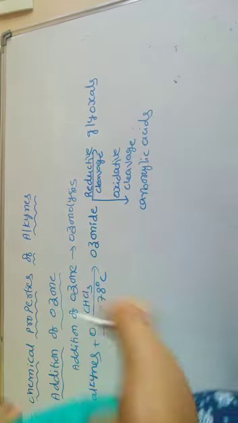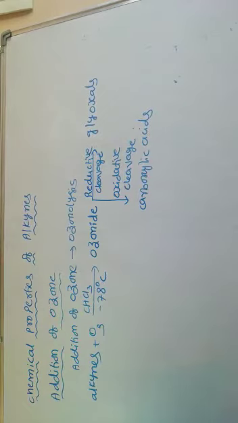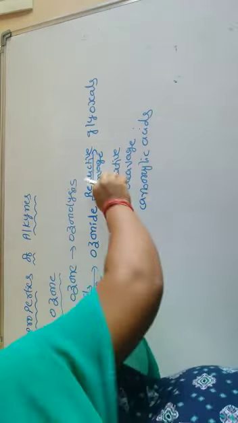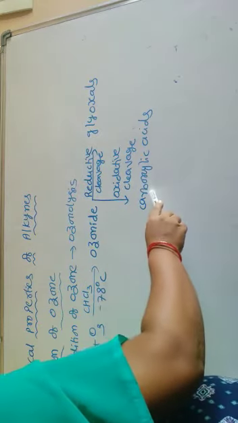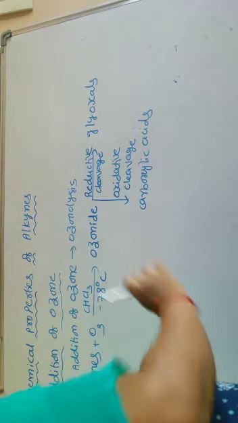That is, cleavage of the ozonoid takes place in the presence of reducing agents and in the presence of oxidizing agents. So on reductive cleavage it forms glyoxals. On oxidative cleavage it gives carboxylic acids.